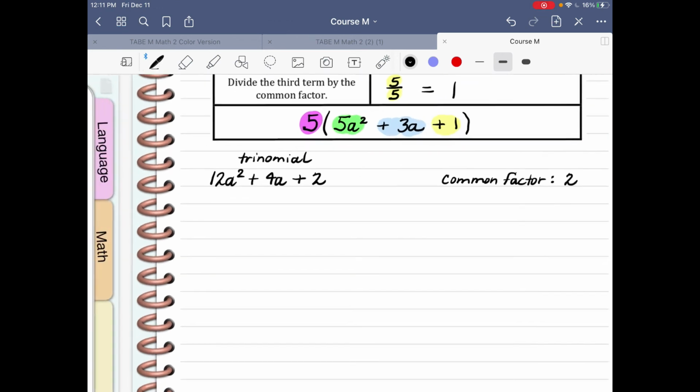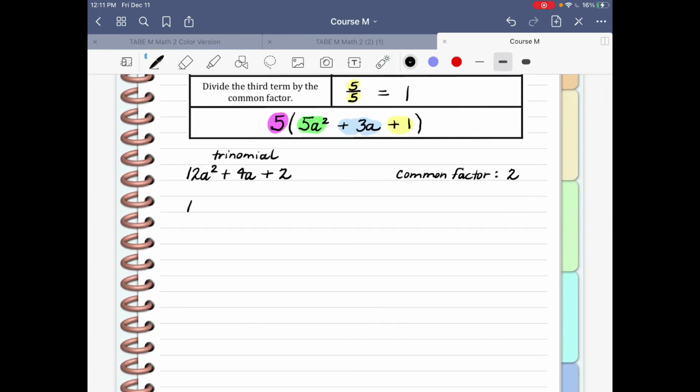So I'm going to divide my 12a squared by 2, and that gives me 6a squared.